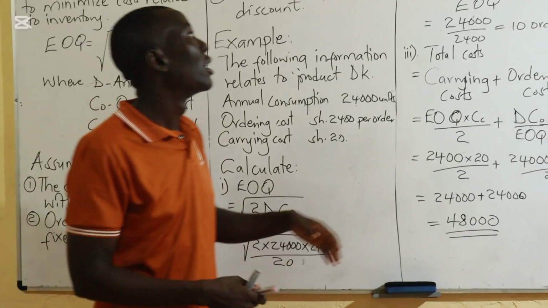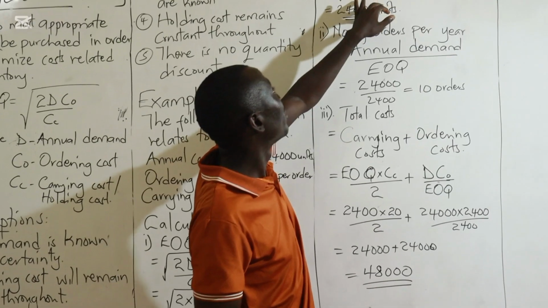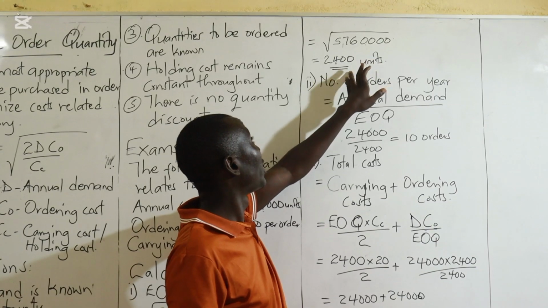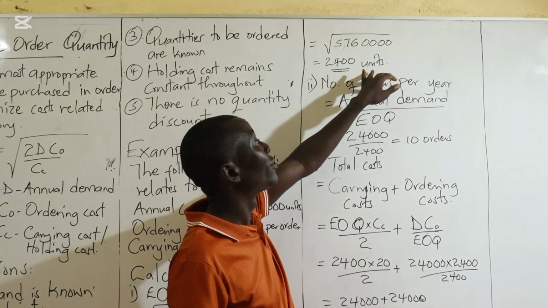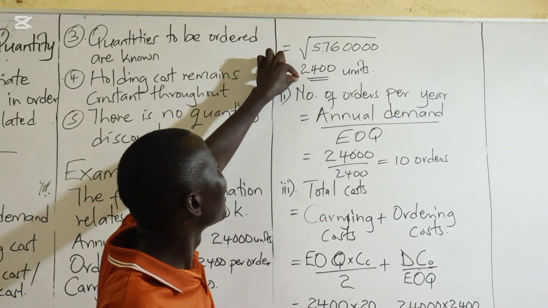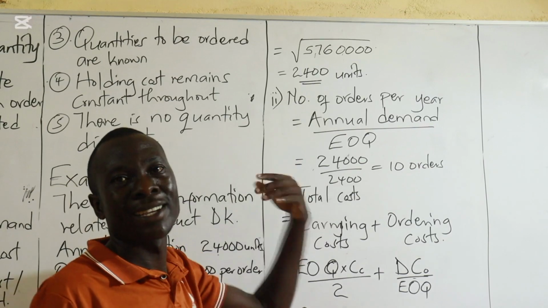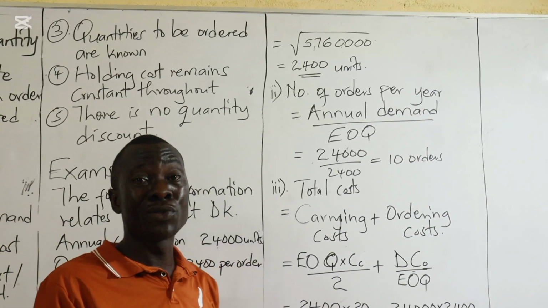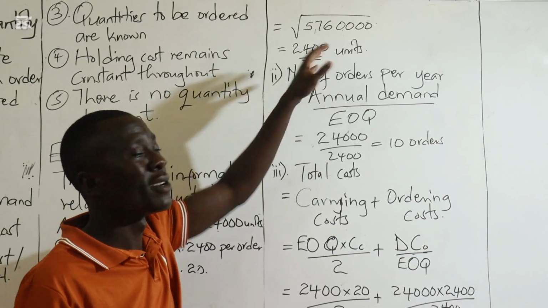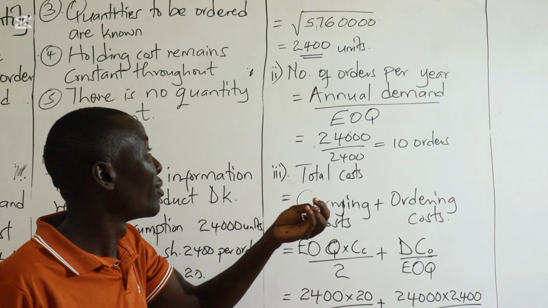And therefore, we get 5,760,000. And when we find the square root, we get it as 2,400 units. So this is the economic order quantity. It means this is the amount we will be ordering at each particular moment. When we need to replenish, then we'll order 2,400 units. That is the significance of EOQ.